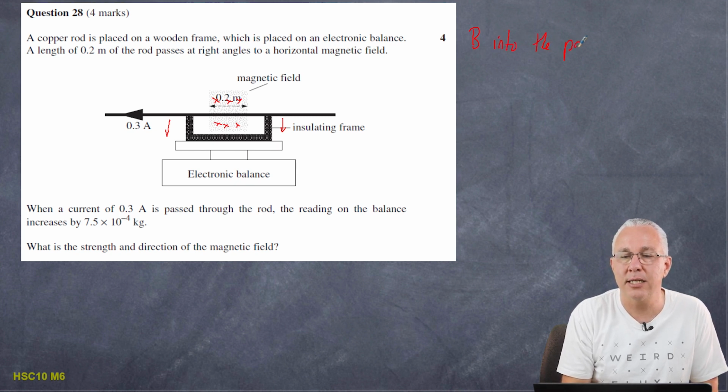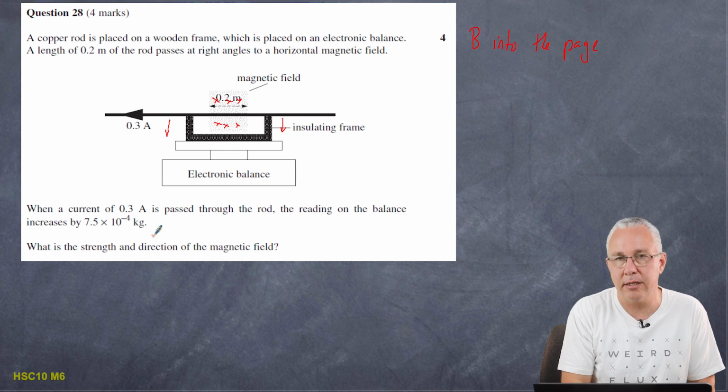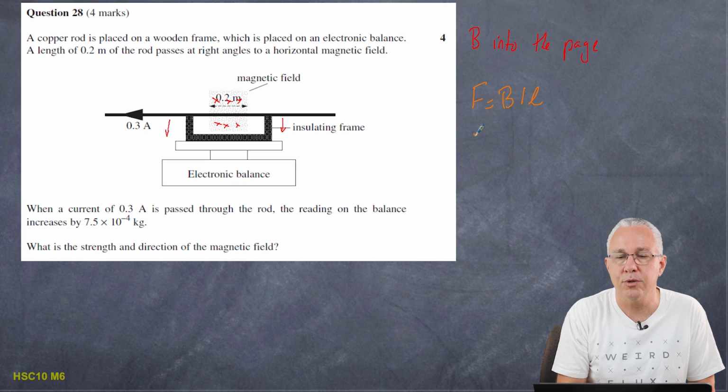So we've addressed part of the question, and we now need to work out what the strength of the magnetic field is. Our magnetic field is resulting in a force. So we have F equals BIL. We're interested in B, of course, so B becomes F over IL. Now what is our force?